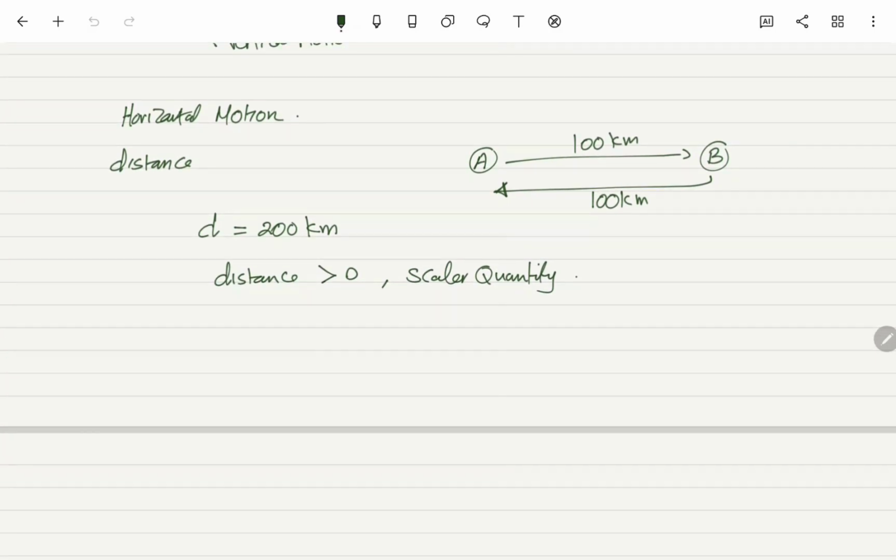Now, another concept we would like to consider here is displacement. Displacement is how much the shift from your original position.